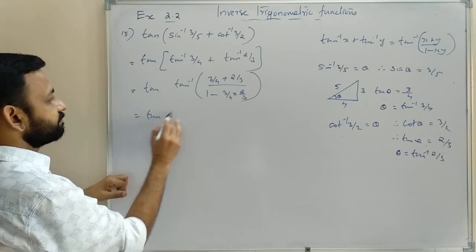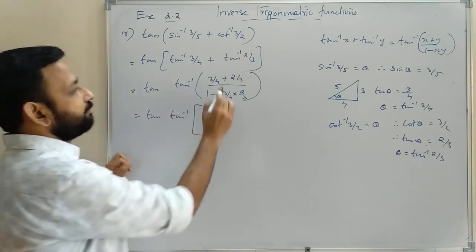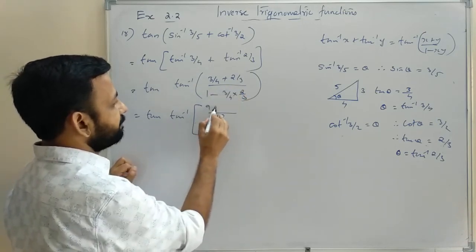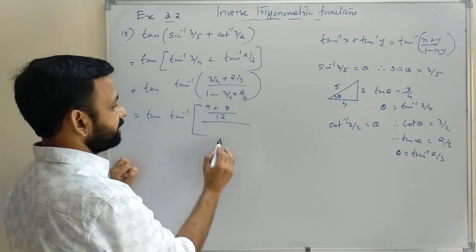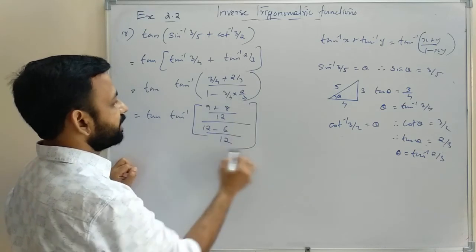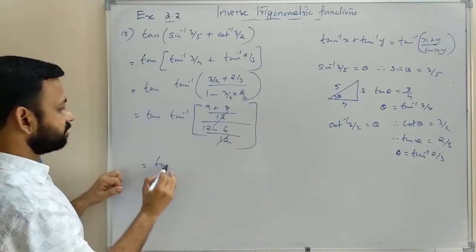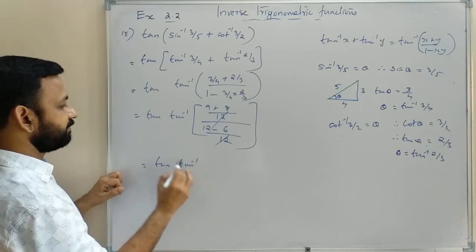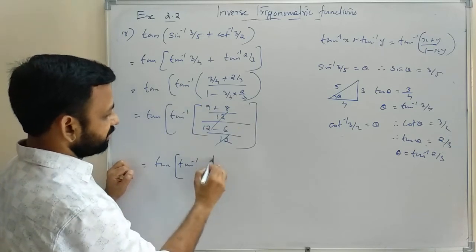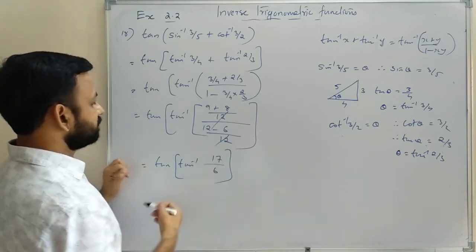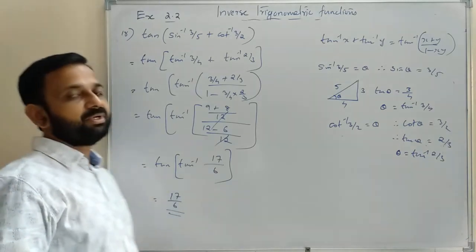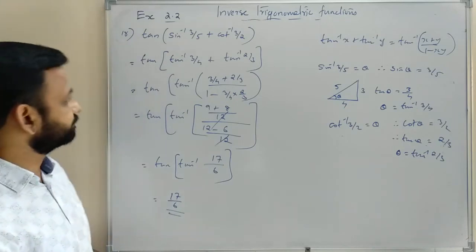We take the LCM 12: numerator 3 into 3 is 9 plus 8, denominator 12 minus 6. Now 12 and 12 cancel. Then 9 plus 8 is 17 divided by 6. So we got the value 17 upon 6.